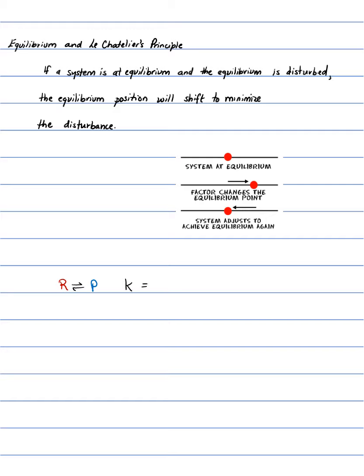The equilibrium constant will be your concentration of product over the reactant. Let's assume that the equilibrium constant is equal to 2.